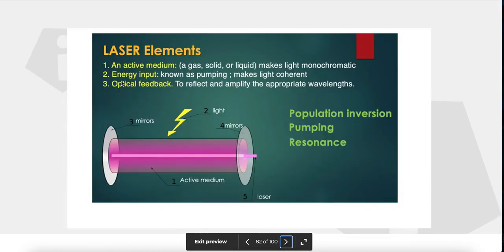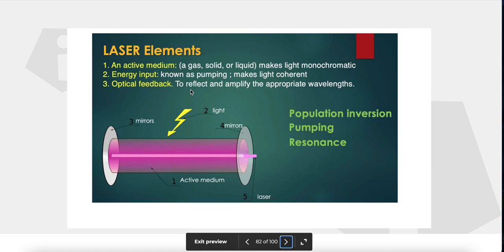So here are again the laser elements. It consists of an active medium, like a gas or solid or liquid, which makes the light monochromatic, and a source of light, or what's called pumping energy input, that will cause stimulation of the atoms present in this medium. This will cause what's called population inversion, in which more electrons move from the unexcited state to the excited state, or travel from the ground to a higher level.